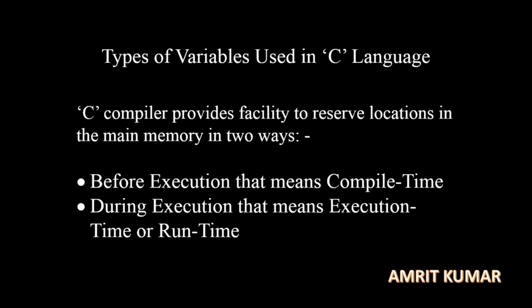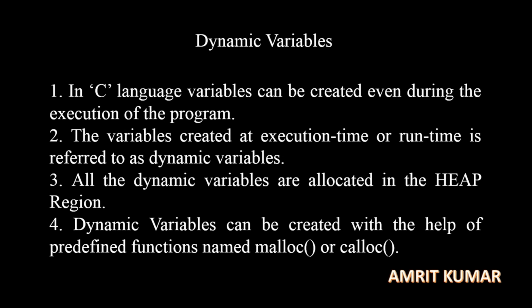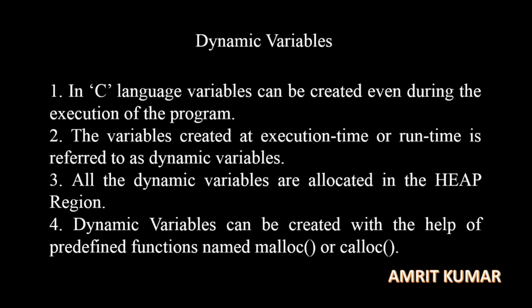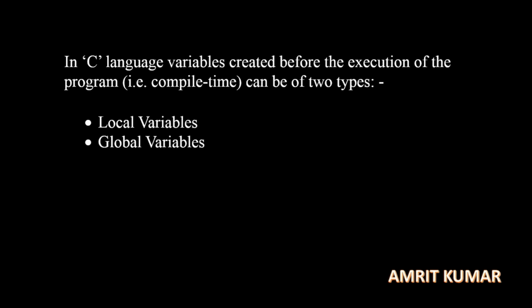So if we say during execution time, it is referred to as a dynamic variable, because it is created during the execution, or run time. And what it is saying here is that in C language, the variables created before the execution of the program, that is at compile time, can be of two types: local variables and global variables.